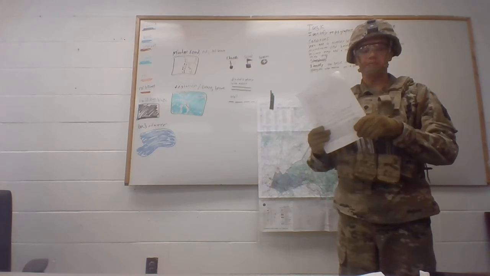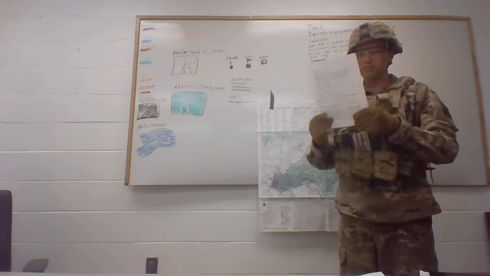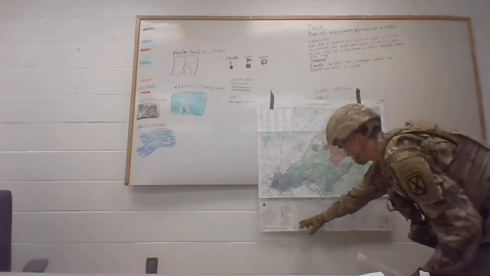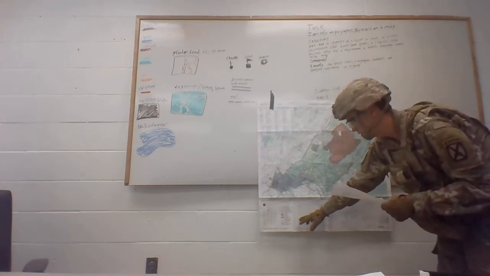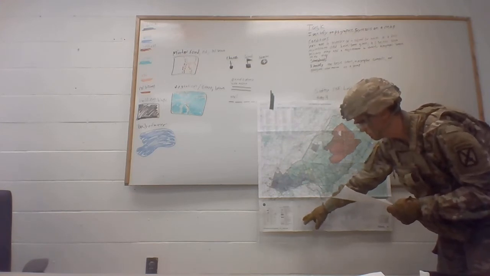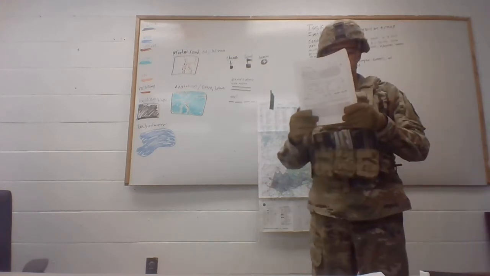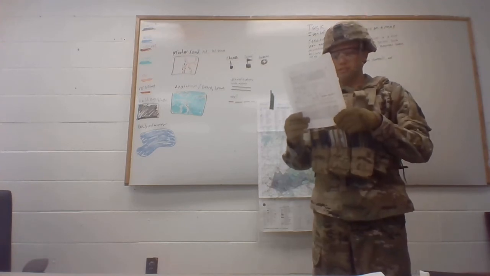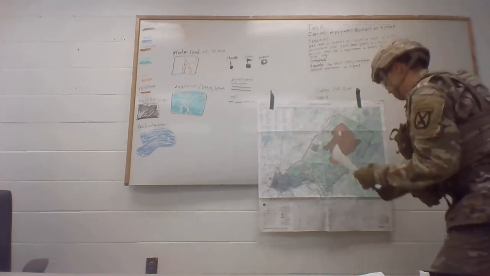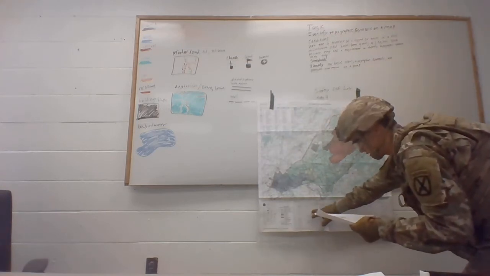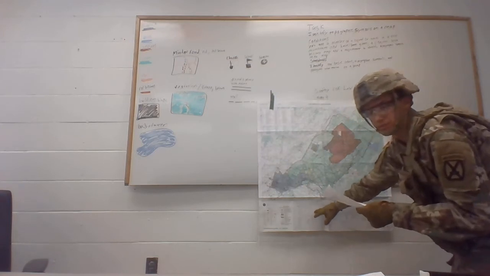Then you would identify the elevation guide, which is right down here, right on the far left side, next to the symbols. Then you do the declination diagram, which is right here. It is right next to the elevation guide, to the right, more towards the middle.